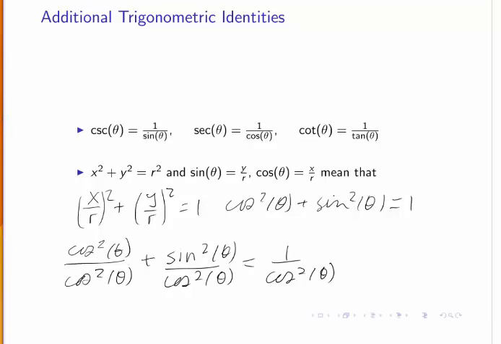And we recognize the first thing as 1, the second as tan squared of theta, and the third thing as secant squared theta. So we have 1 plus tan squared theta is equal to secant squared theta. There's another similar formula that we can find by dividing through by sine squared of theta. And I urge you to try that and see what you get.